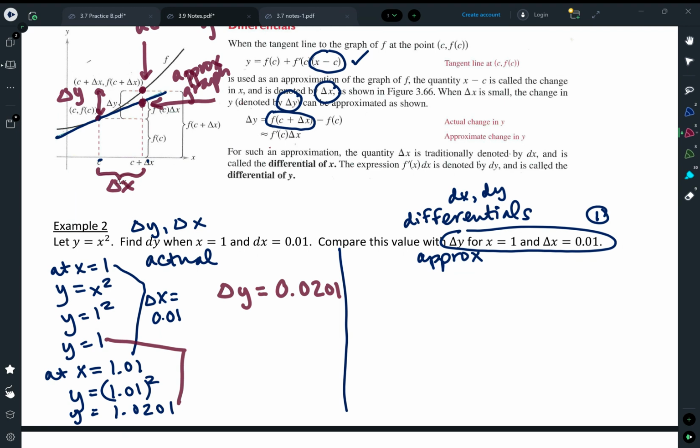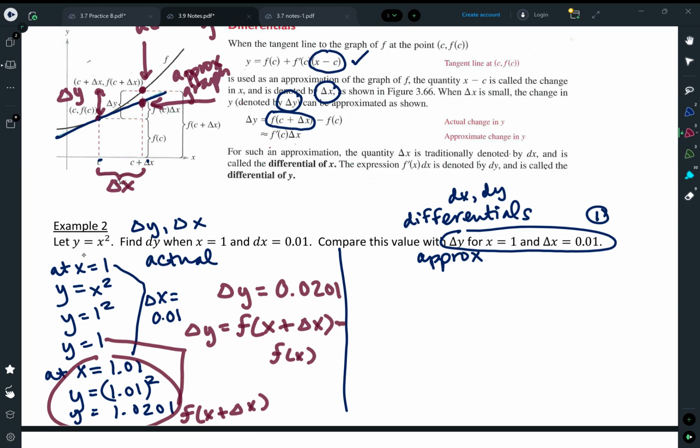The other way we could get our exact delta y is by taking f of x plus delta x, x plus that tiny bit more, and subtracting f of x. This was our f of x right here.